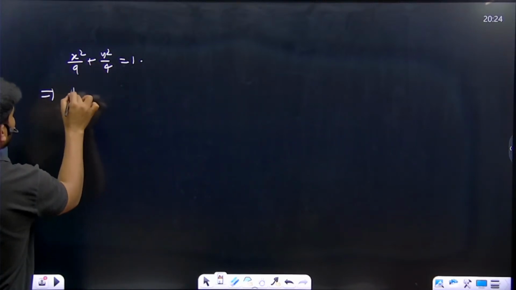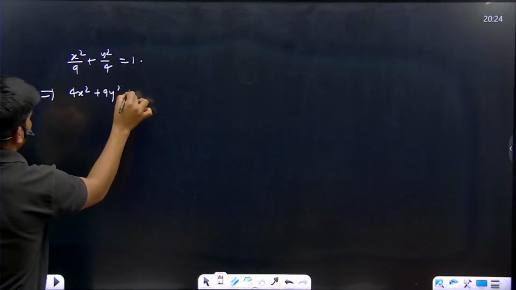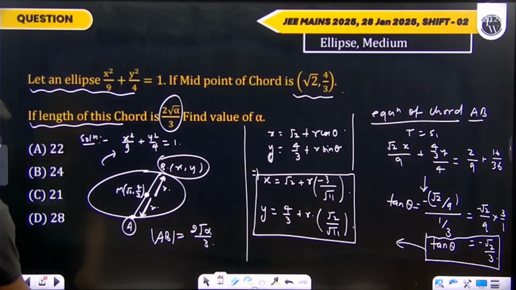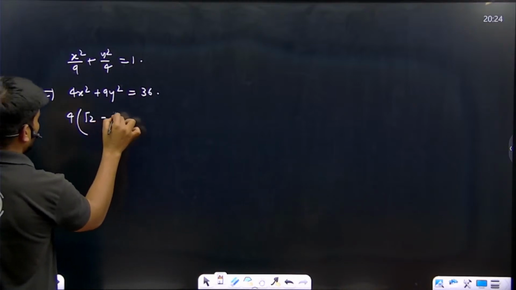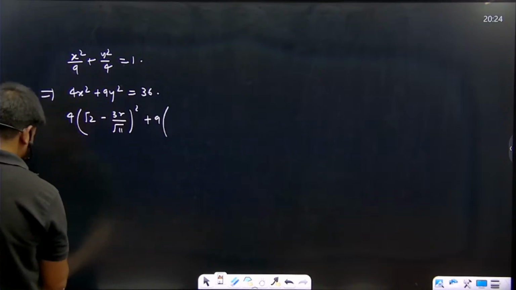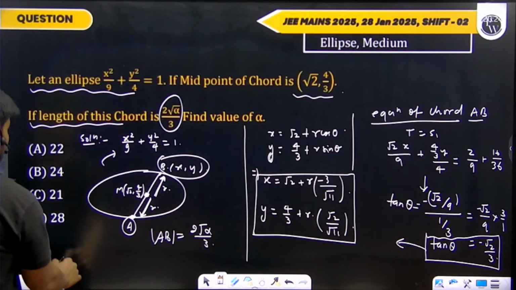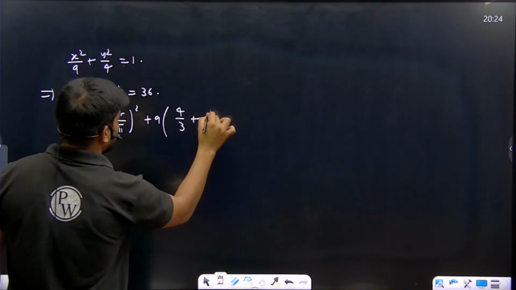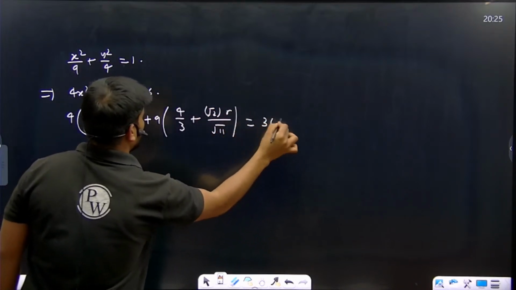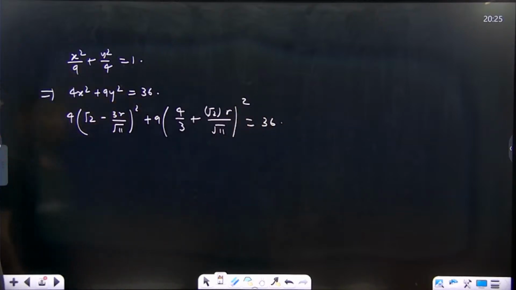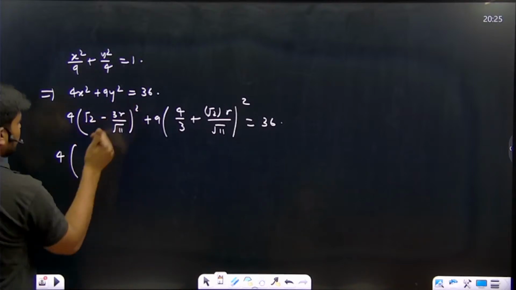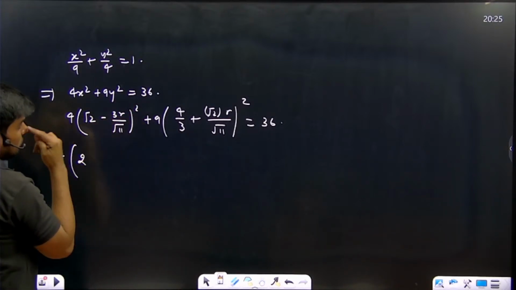We can write it as 4x square plus 9y square equals to 36. So 4 into x square, where x is root 2 minus 3r upon root 11, whole square, plus 9 into y square, where y is 4 by 3 plus root 2 r upon root 11, whole square, equals to 36. Now 4 into root 2 square, 2ab term, what will be the 2ab term?